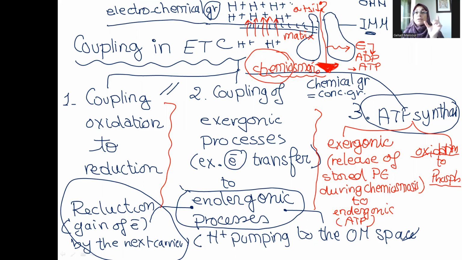Because ATP synthase is the stage at which the phosphorylation occurs, which is the addition of a phosphate group to ADP. So here it's not only energy plus ADP, but it's also energy plus phosphate plus ATP. So it is very important to know that we have coupling of oxidation to reduction, coupling of exergonic processes to endergonic processes, and coupling of oxidation to phosphorylation.